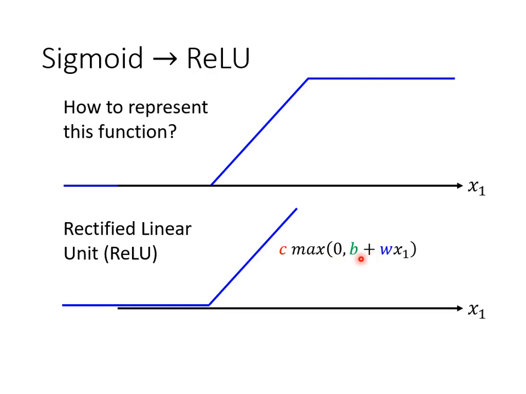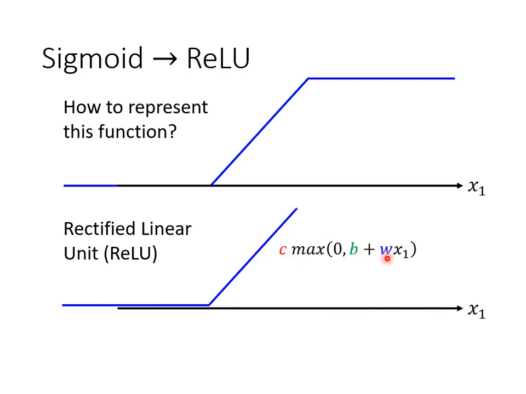So if b + w x1 is less than 0, then the output is 0. If b + w x1 is greater than 0, the output is b + w x1. In conclusion, this line can be written as c max(0, b + w x1).